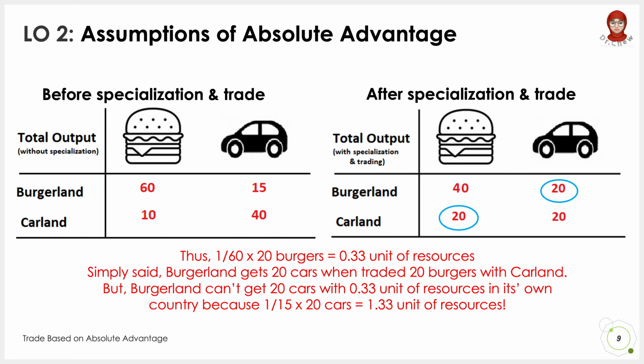This is more than the 0.33 unit of resources that Burgerland used to make 20 burgers and trade for 20 cars from Carland. Simply said, both countries are better off by specializing in the good that they are good at and trading with others for the good that they can produce at cheaper prices. This is the main benefit of trade.